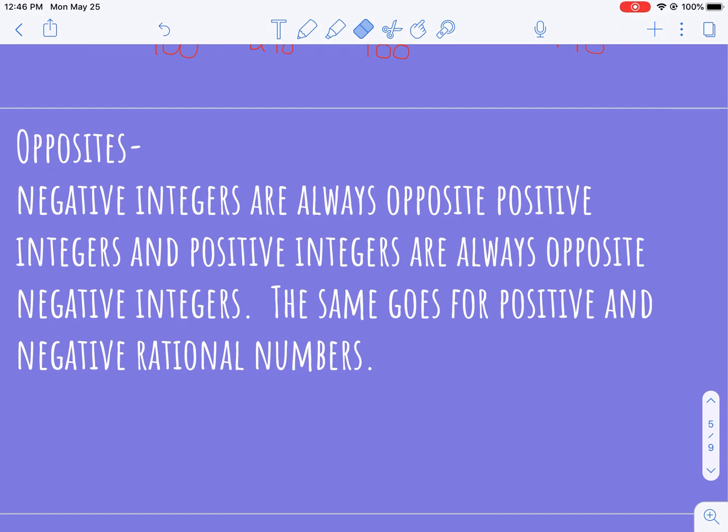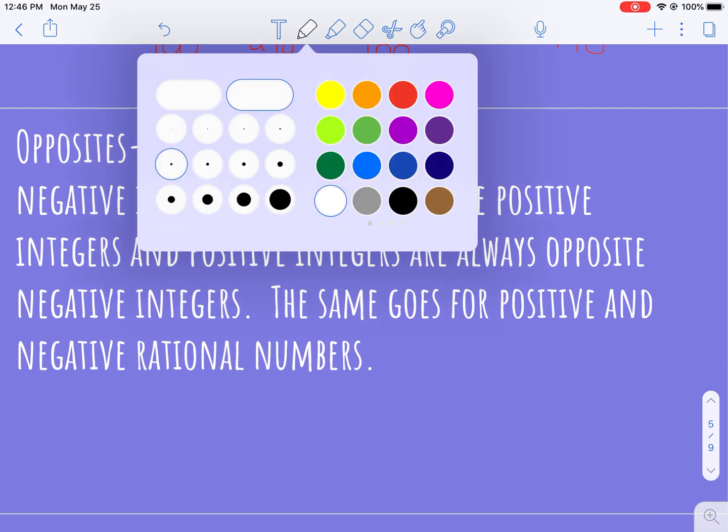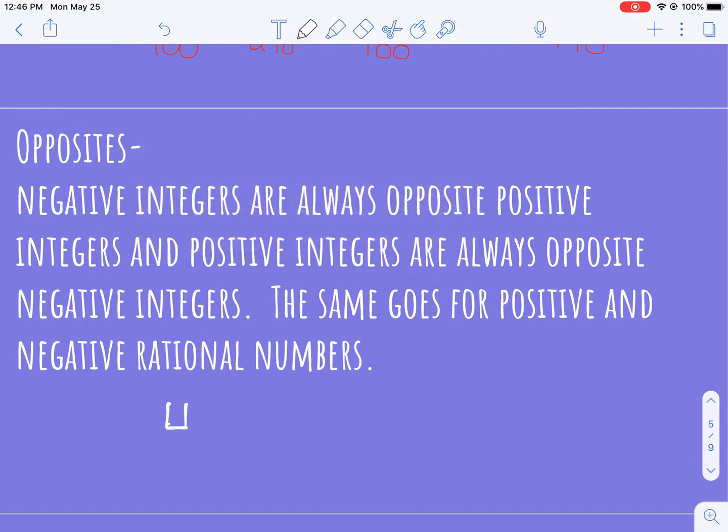Same thing would happen if I gave you positive 4, its opposite would be negative 4. And if we're looking at rational numbers, let's say I gave you negative 2/3, the opposite of negative 2/3 is just a positive 2/3. Again, another good slide you might want to take a screenshot of, or you could even just save this in your notes after.